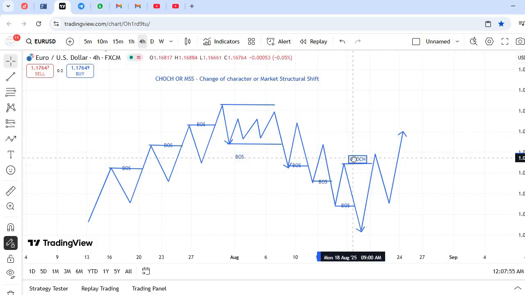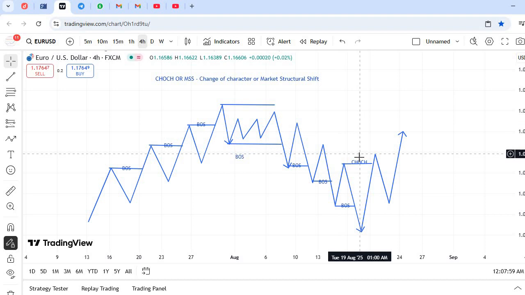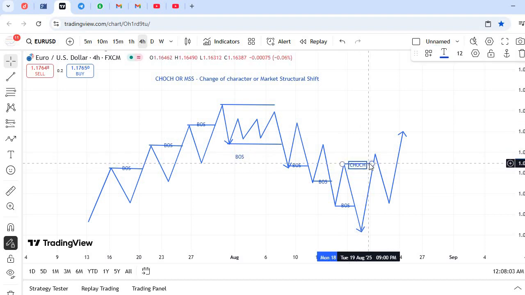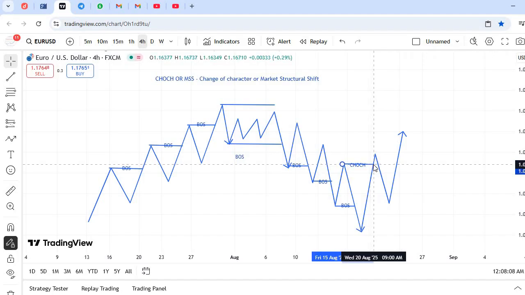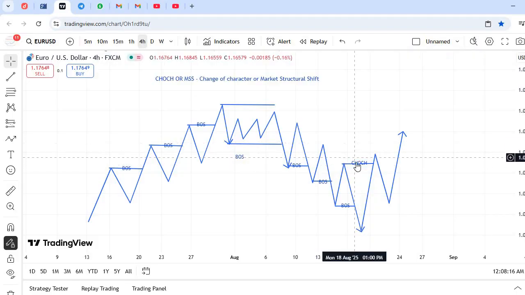Now don't forget that the reason why it's called a change of character or MSS is that the structure has been changed from a downtrend. For here now, the structure has been changed from a downtrend to an uptrend.